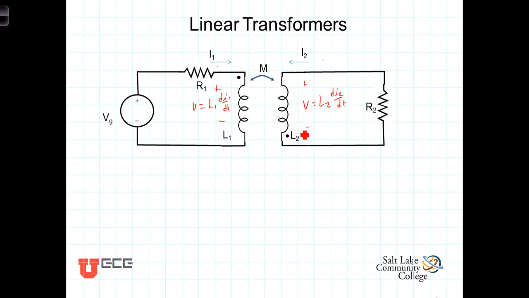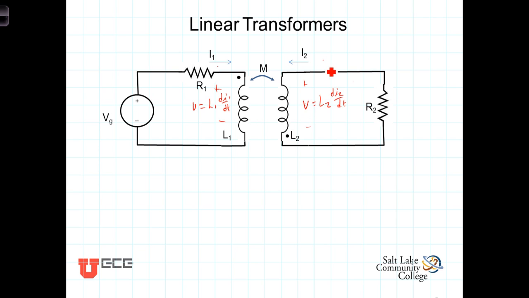In addition to these self-induced voltages, each of these currents also induces a mutually induced voltage, or induces a voltage in the other coil. So, I1, in addition to the self-induced voltage in coil 1, also induces a voltage in the neighboring coil.